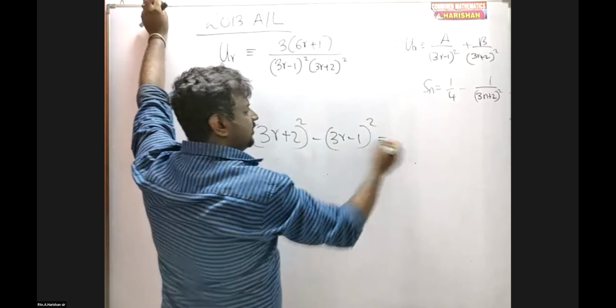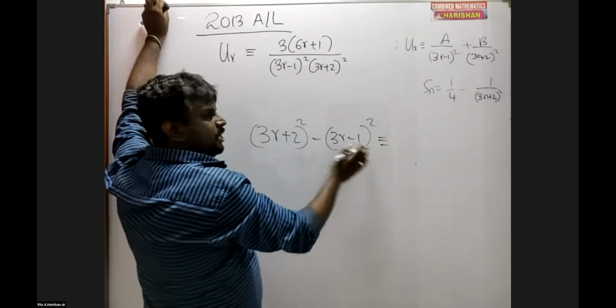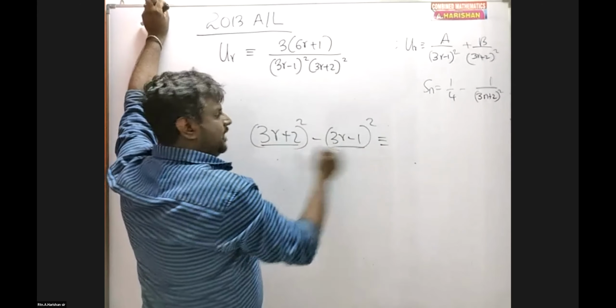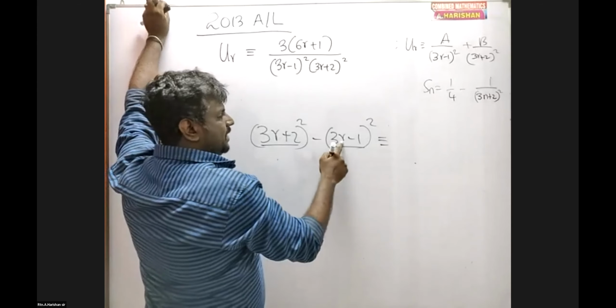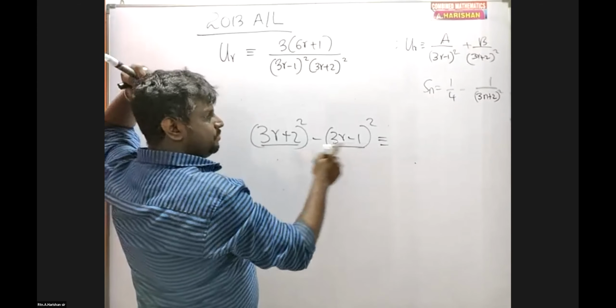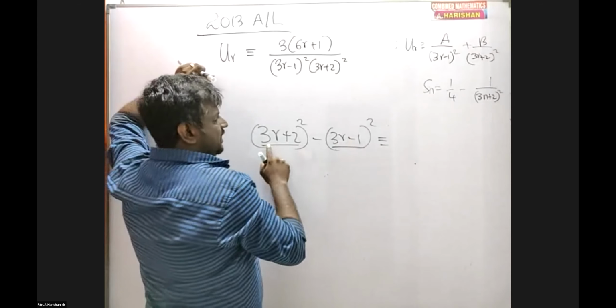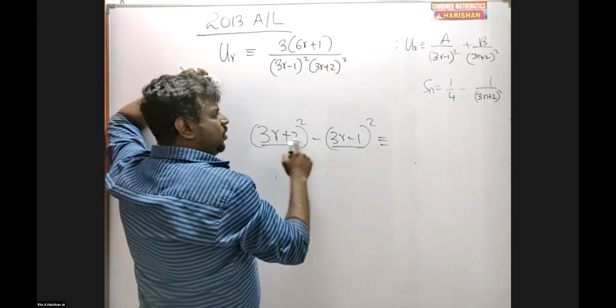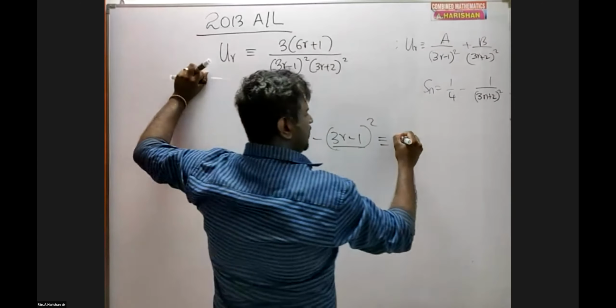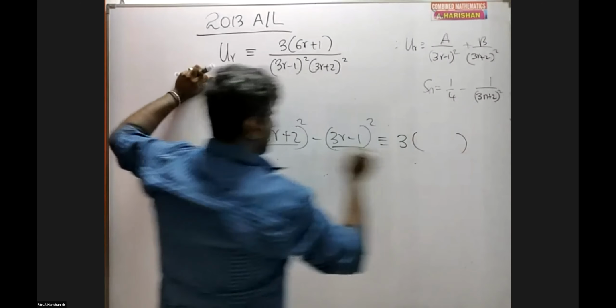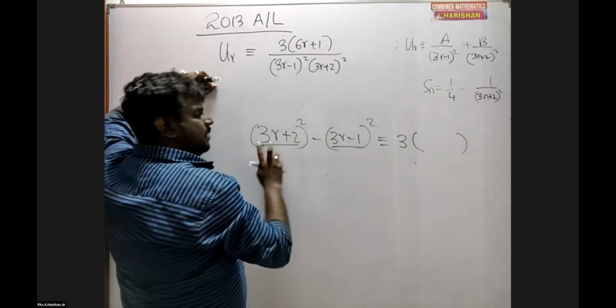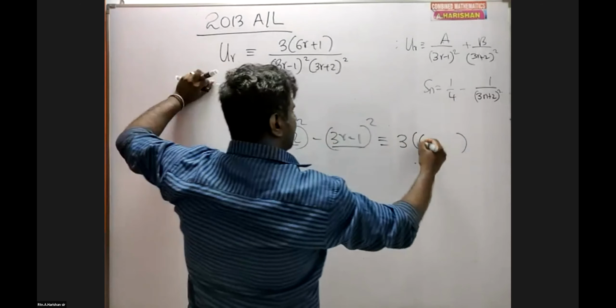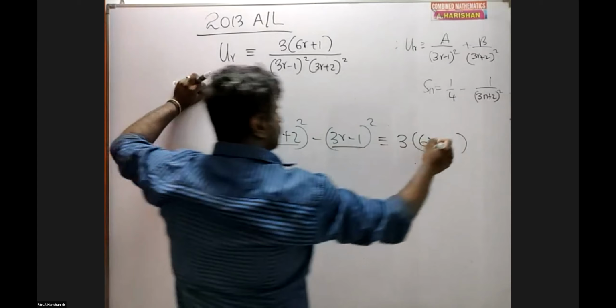What do you get? a squared minus b squared is (a minus b)(a plus b). We go for a minus b first: 3r plus 2 minus 3r minus 1. 3r is gone. 2 minus minus 1 is 3. Right. a minus b into a plus b, at this, 6r plus 2 minus 1 plus 1.